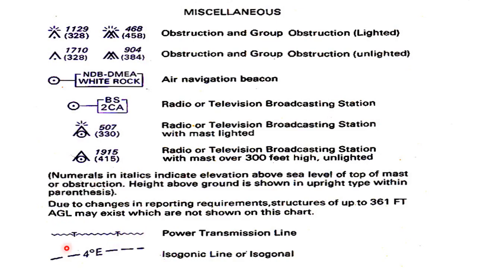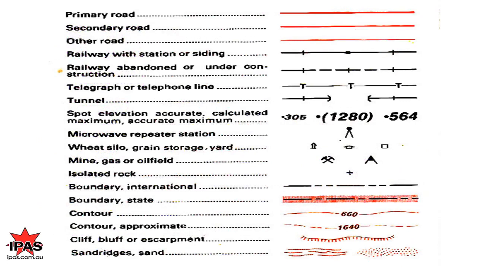Here are power lines and an isogonal. Here is a legend on another topo map. Primary road, in this case, is a large thick red line. Secondary and other roads are thinner red lines. Railways are depicted thus. Abandoned railways are depicted thus.